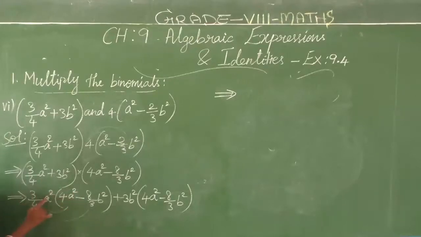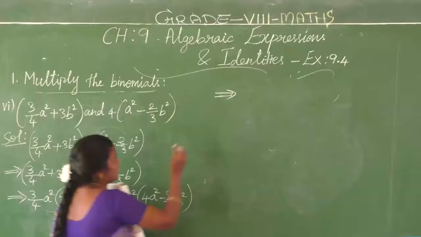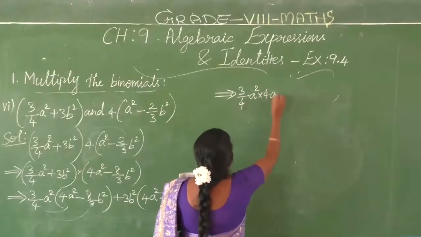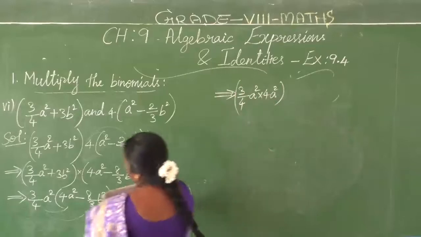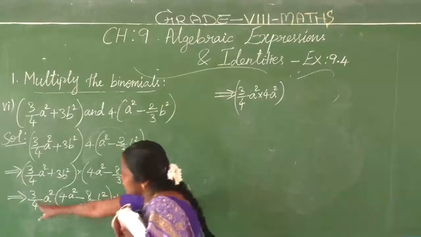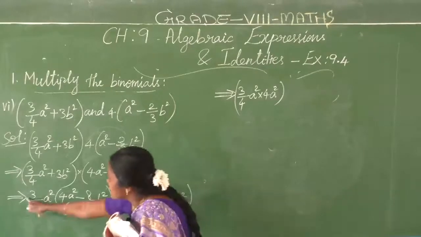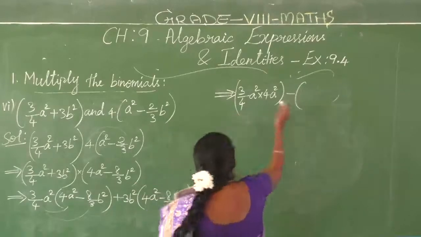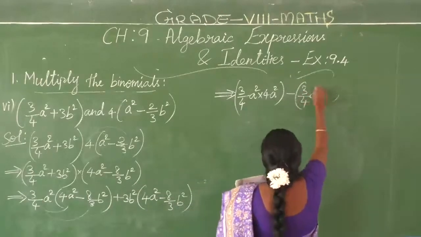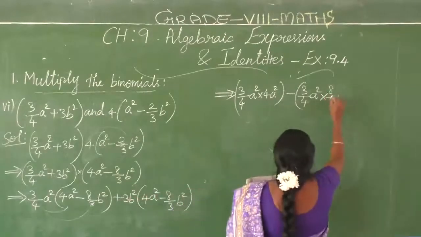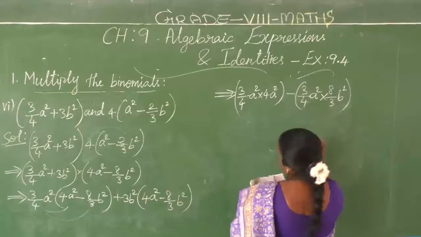3/4 a square into 4a square. Second part, this into this. So plus into minus, minus 3/4 a square into 8/3 b square. Clear?